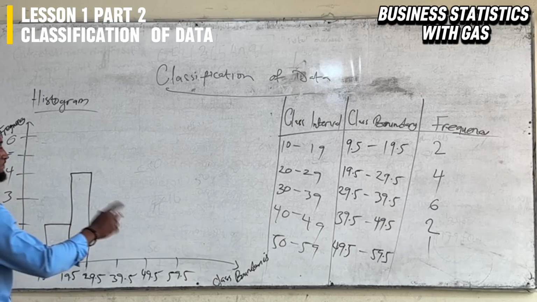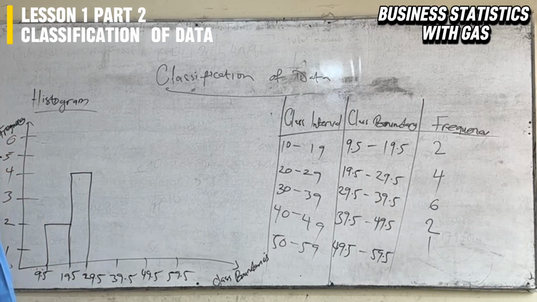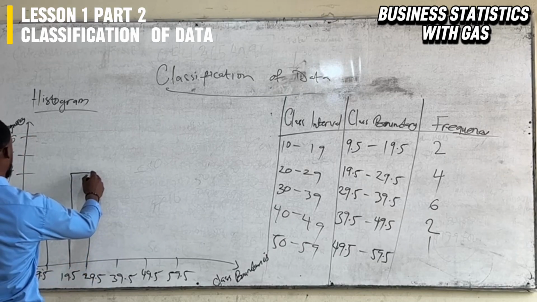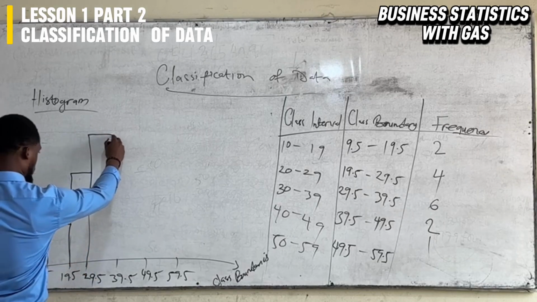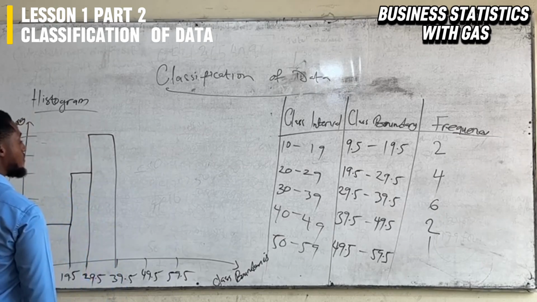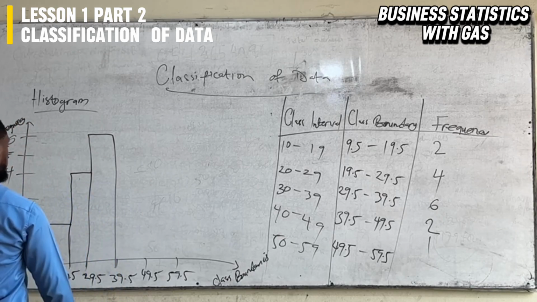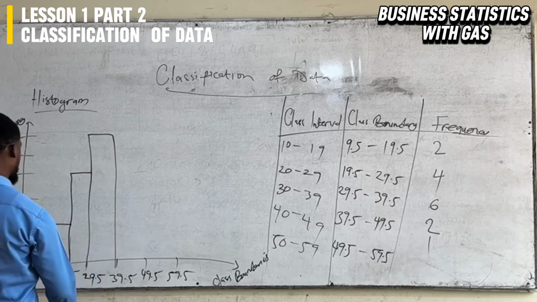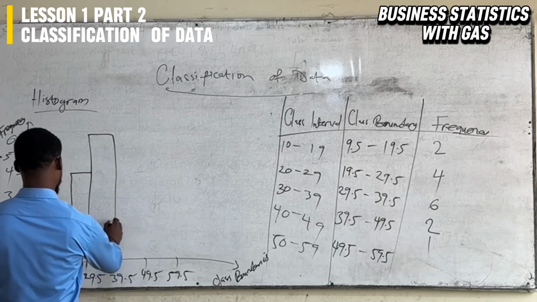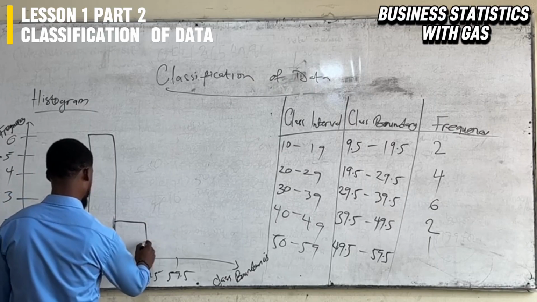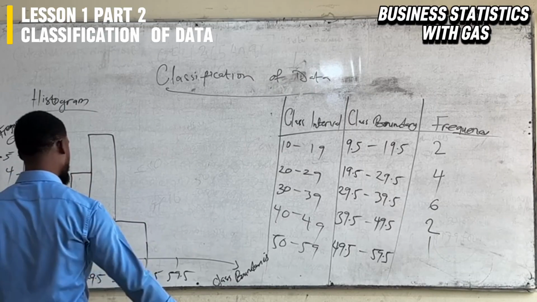Then 29.5 to 39.5 maps onto 6. So it's a continuation of it. Then you do that one nicely. We move on to 39.5 to 49.5. That one is 2, so you trace it to 2, then you map on to 49.5 nicely.